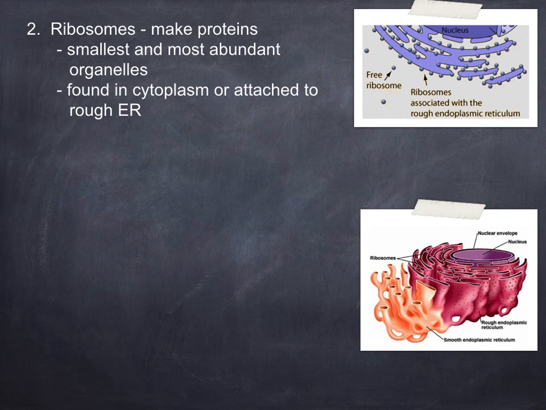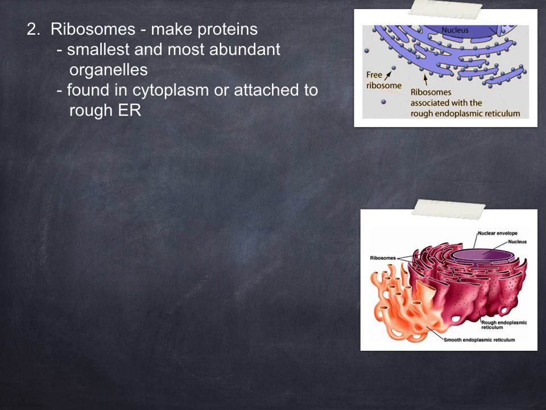They're the smallest organelle and the most abundant. That means there's the most of these little guys of all the organelles. They can be found in two places. They can either be free floating in the cytoplasm like these guys here, or they can be attached to the rough ER. Like these guys here are attached.